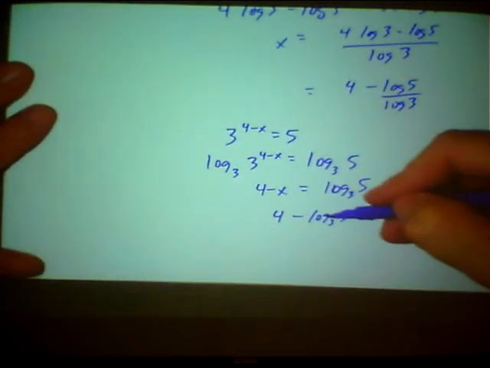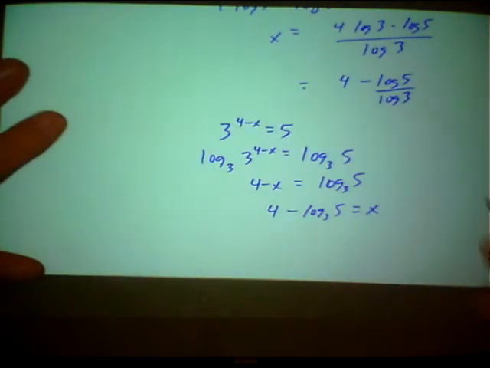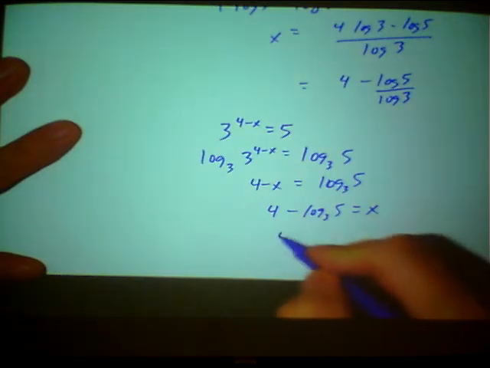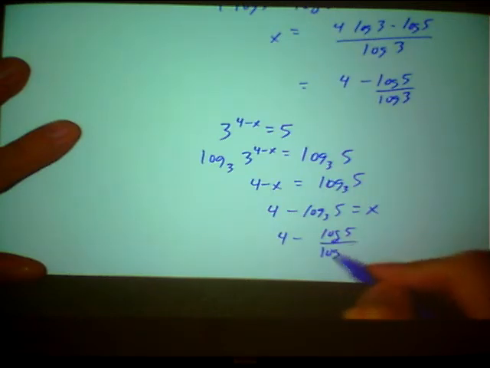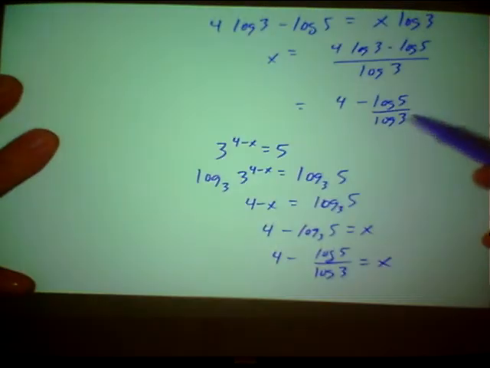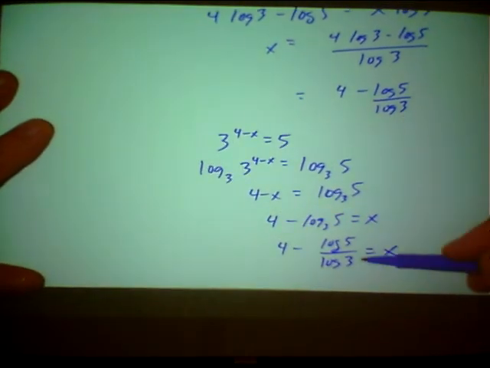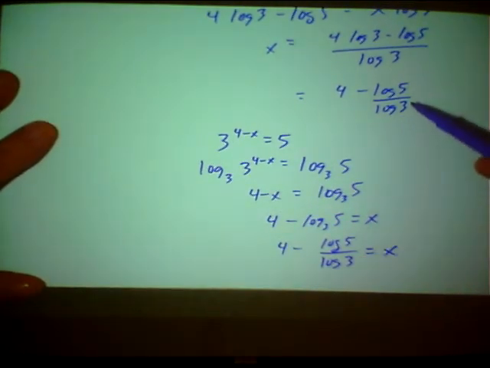And now I need to do change of base for this log base 3 of 5. So I'll do log base 10 of 5 over log base 10 of 3. And you notice that's the same thing that I got here. So once again, two different ways.